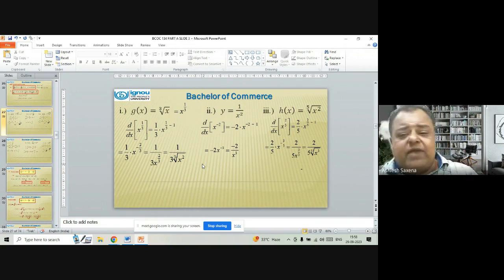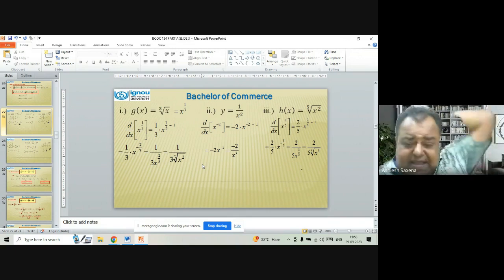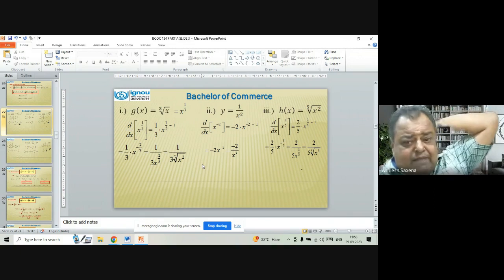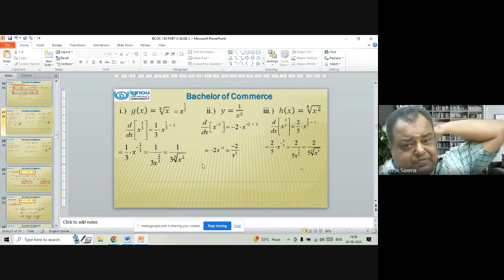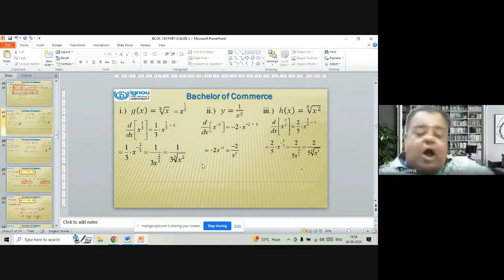Now you have a function y is equal to 1 upon x squared. Nothing to worry. Bring this x squared to the numerator. When a value is brought to the numerator, it is multiplied by a sign of minus 1 to this power. So x squared, when coming up, will become x to the power minus 2. How to differentiate this?